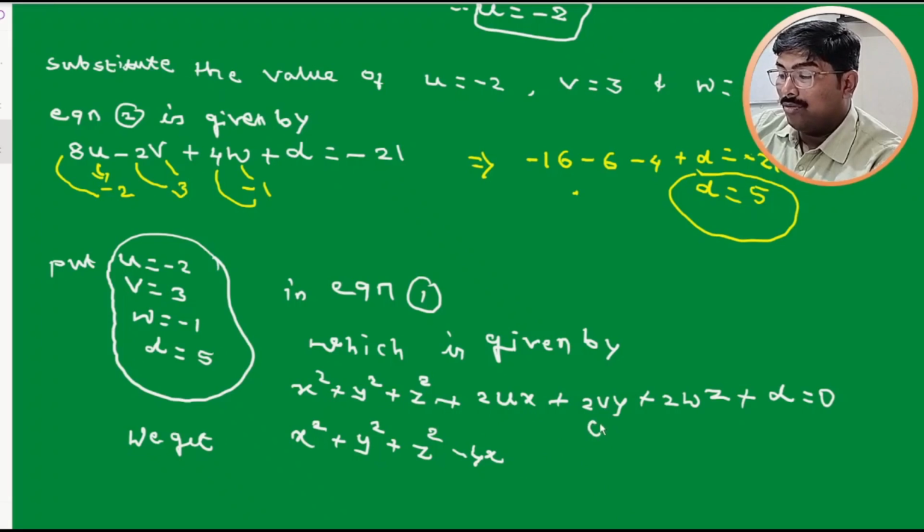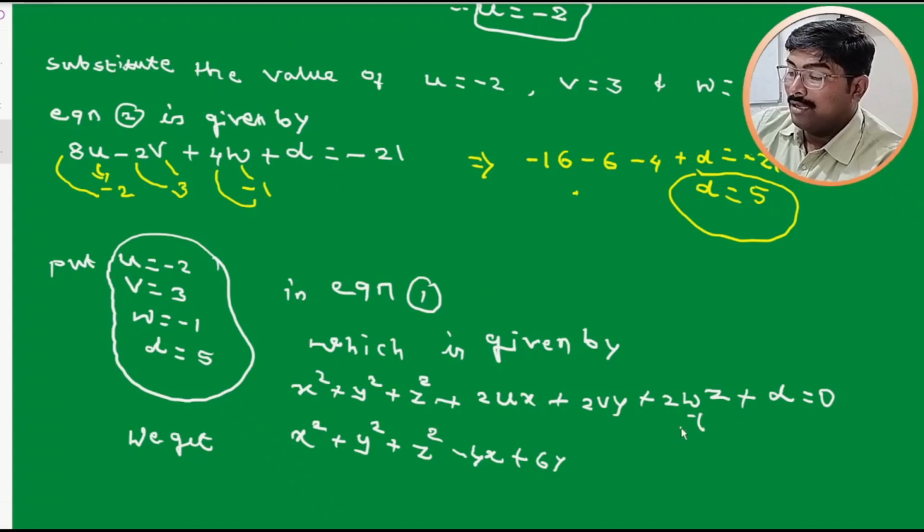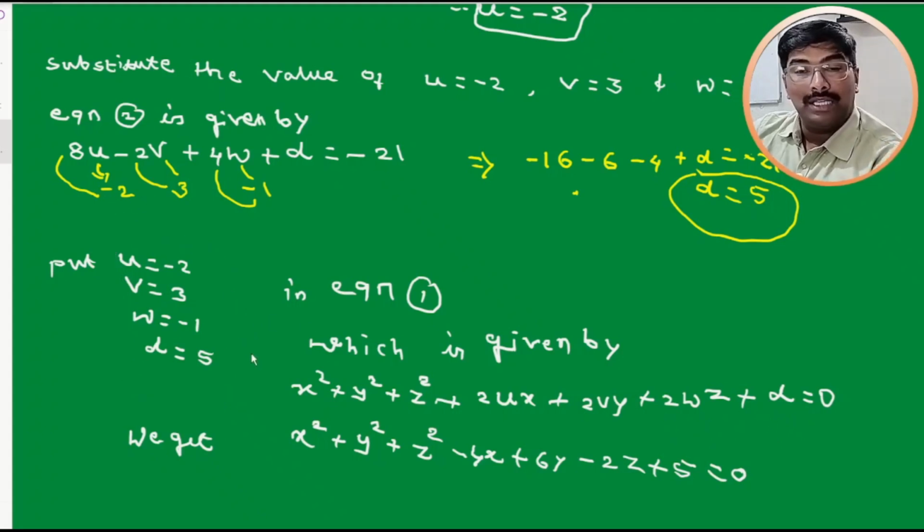This 3 into 2 is equal to 6, so you will get plus 6y, and substitute the value for w is equal to minus 1. Minus 1 into 2 is equal to minus 2z, and at last the value for d is equal to 5. Plus 5 is equal to 0, which is the required equation of the sphere passing through the given 4 points.